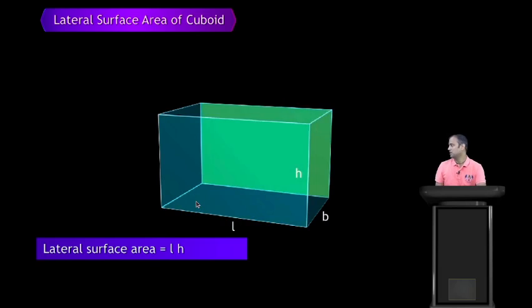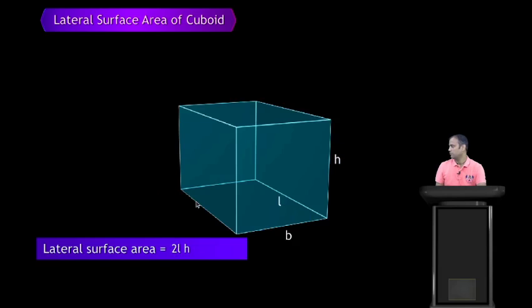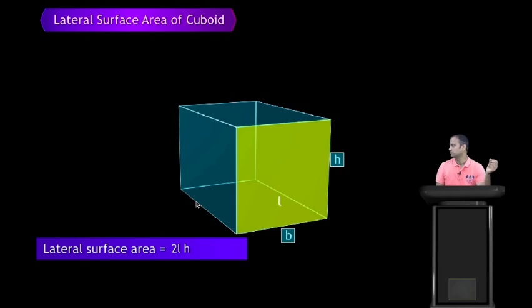Then we have this area, again L into H. Then for this side we have BH, and the opposite side is again BH.